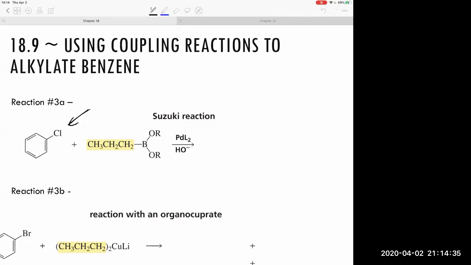So now we could turn around and use this in a multi-step synthesis along with a Suzuki in order to alkylate that way. Notice that here, I don't have to worry about any sort of carbocation rearrangements.